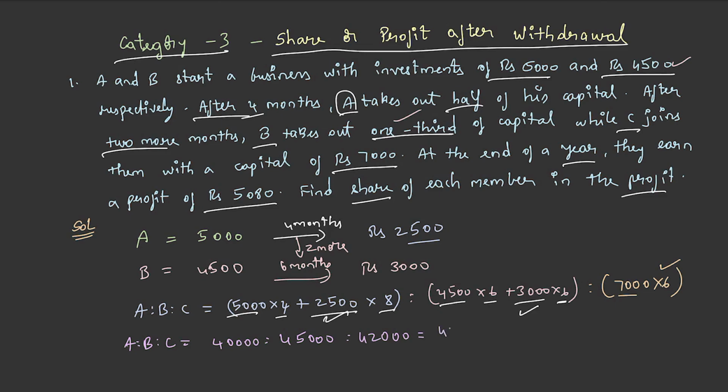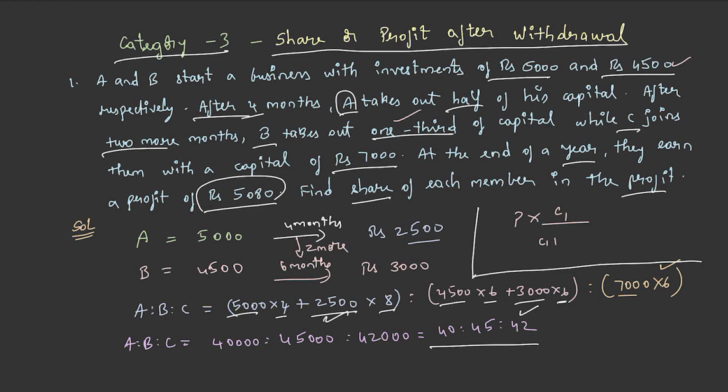So this is 40 : 45 : 42. Now we have understood the ratios, and the annual profit is given as 5,080, and we know the formula: annual profit into C1 by C1 plus C2 plus C3. These are the capital investments which we got here, C1, C2 and C3. If you are finding A's share, this will be C1.